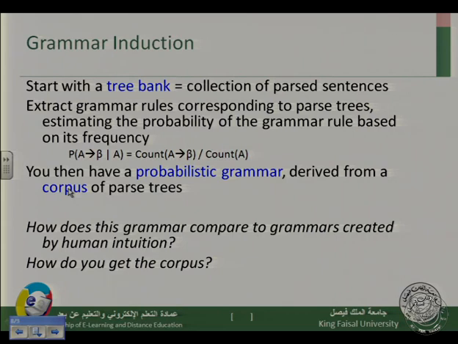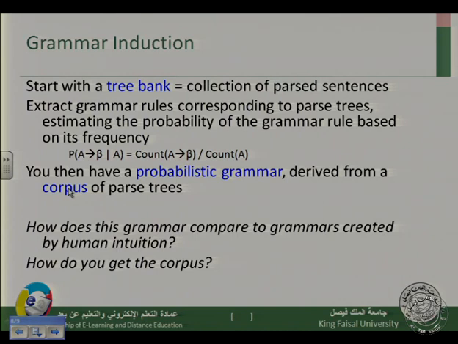So we have this little formula, and this is why I told you that you need also mathematics experience. Here you count the probability through this little formula. You then have a probabilistic grammar derived from a corpus of parsed trees.